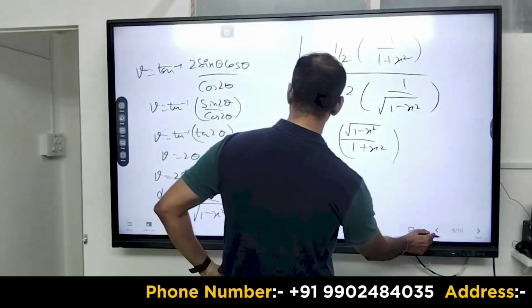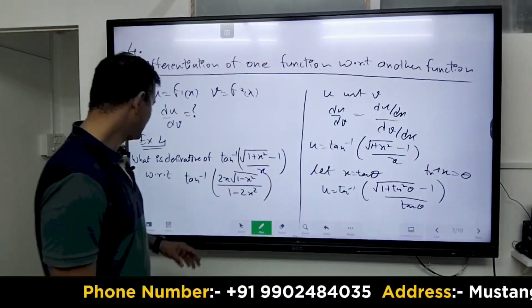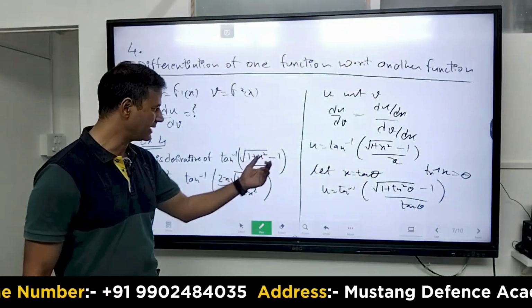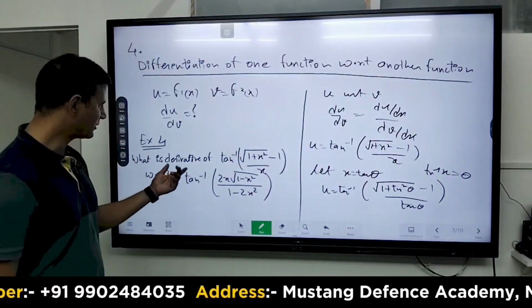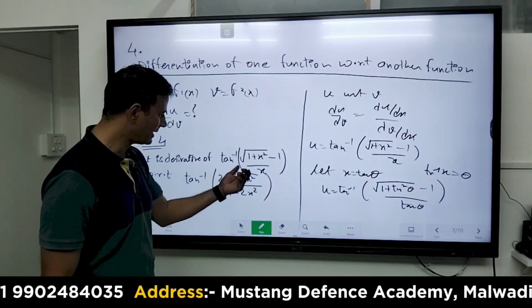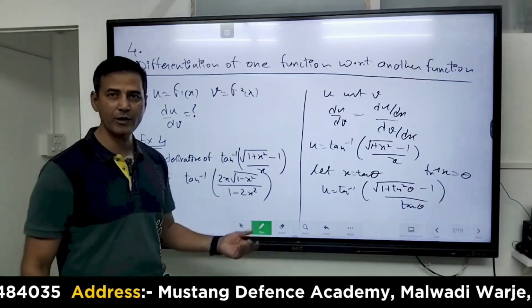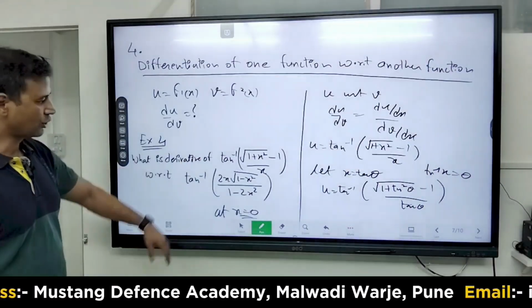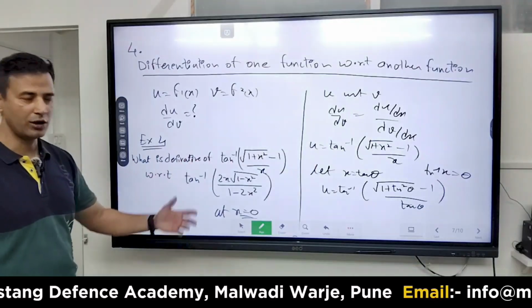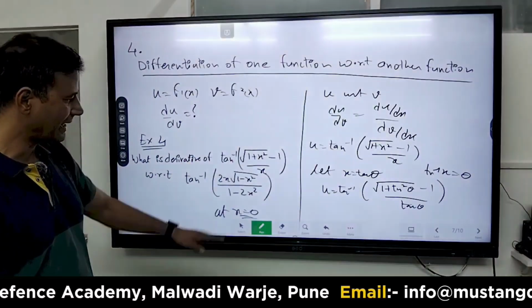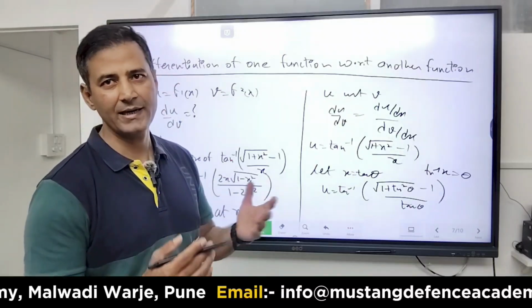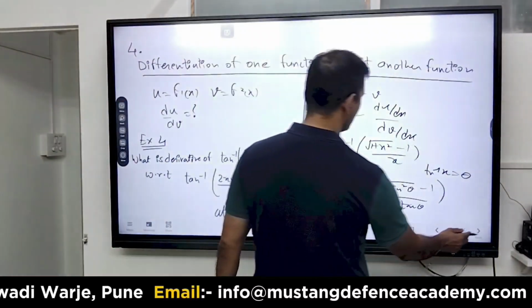But if it is given to find the derivative of tan inverse of (root of 1 plus x squared minus 1) upon x with respect to tan inverse of 2x root of 1 minus x squared upon 1 minus 2x squared at x is equal to 0, I have solved it, but if they have asked at x is equal to 0, what is the value of that derivative at x is equal to 0?